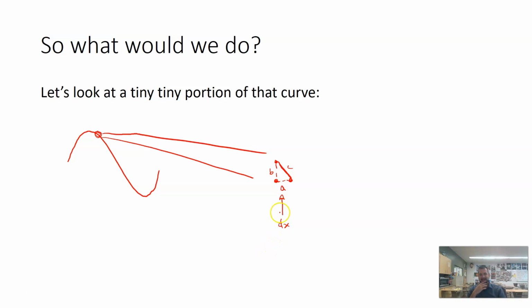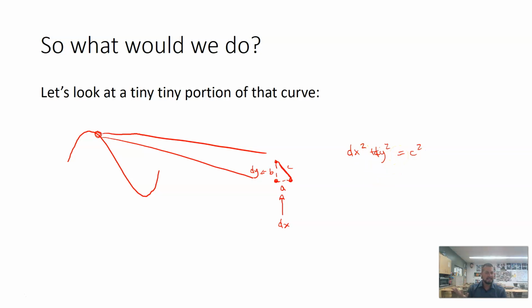We call that dx. At the same time, my B here is going to be a really small change in y. We would call that dy. And no matter what portion of the graph we zoomed in on, we would have dx squared plus dy squared equals c squared. And again, that's supposed to be dy squared.